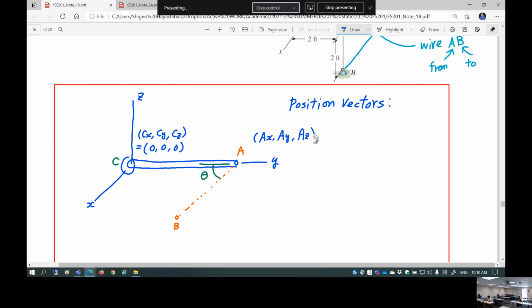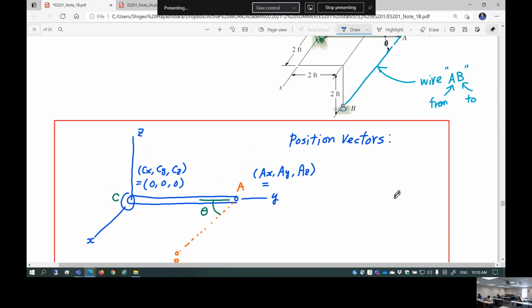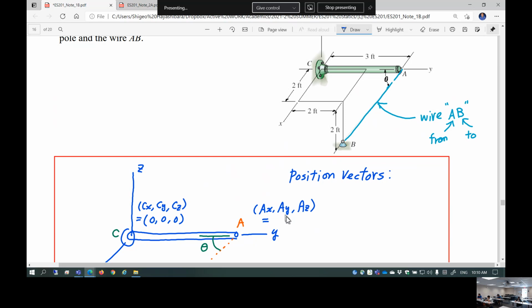Let's figure out by looking at the figures here. AX is 0. AY is 3 feet. AZ is 0. Unit is feet.